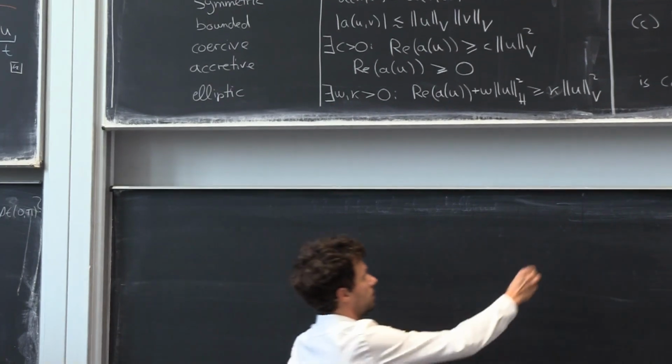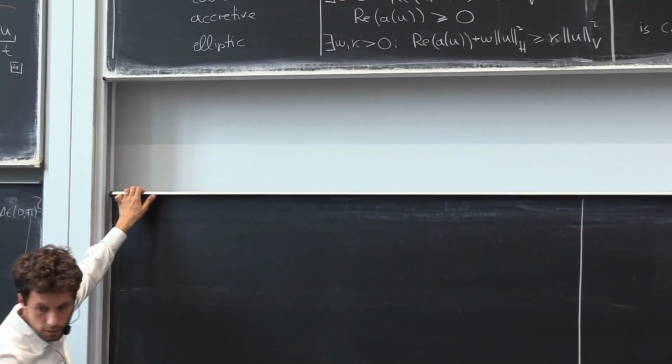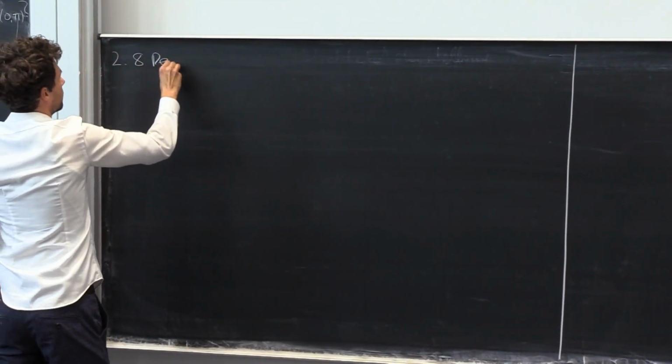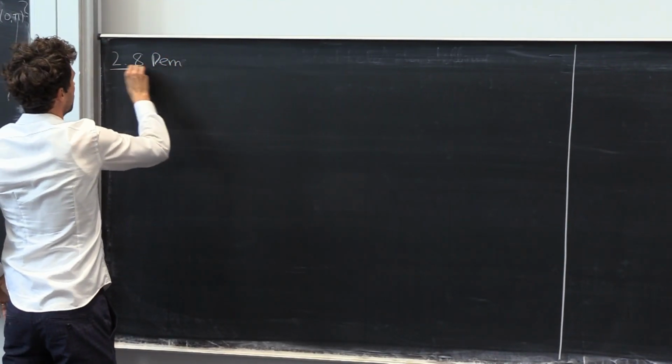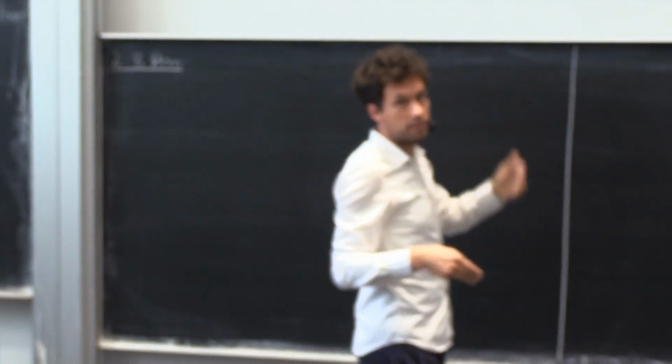I should also remind you of some things that you've seen before. First of all, when you look at the quadratic form, you might wonder, why am I posing all these restrictions only on the quadratic form?